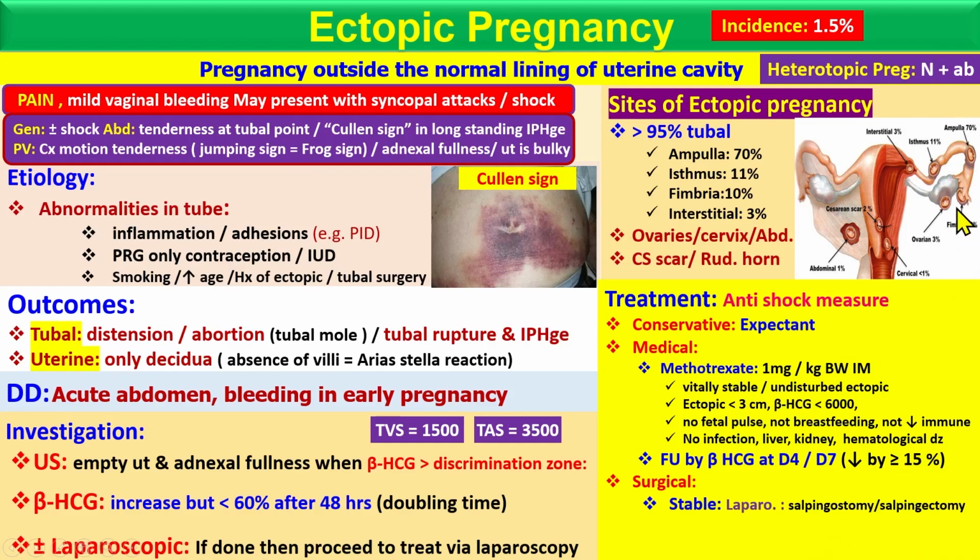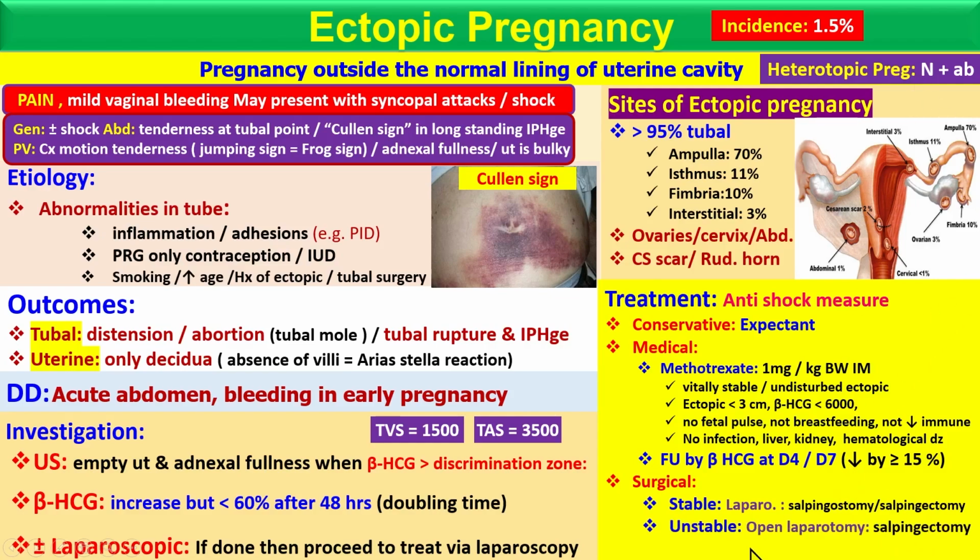We remove only the pregnant component if the other side is not damaged and the patient wants to conceive in later life; then you try to remove just the component and preserve the fallopian tube for the next pregnancy. If that is not possible, then you of course cut the fallopian tube.